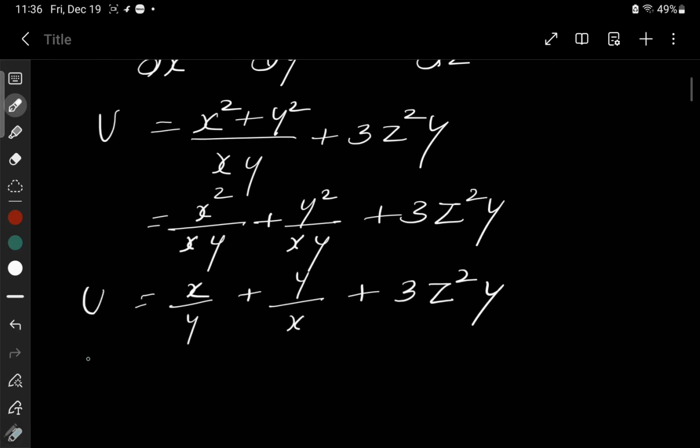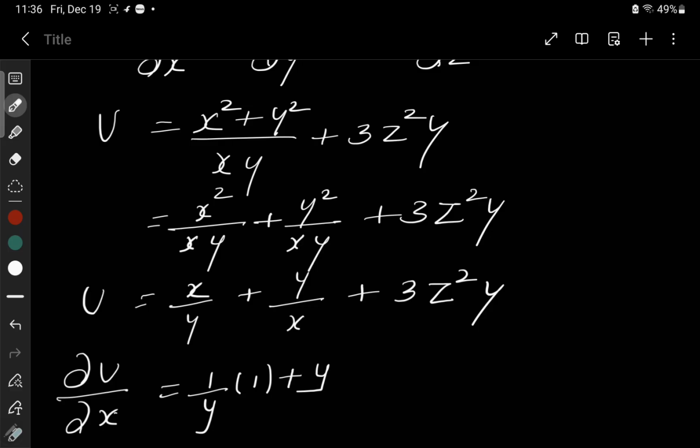Find dou u by dou x. Differentiate partially with respect to x. Dou u by dou x. Here in this term, this y is in the denominator, 1 by y is constant. Differentiate x, so you will get 1 plus, again here y is constant, it is in the numerator, but x is in the denominator, you will get x power minus 1.